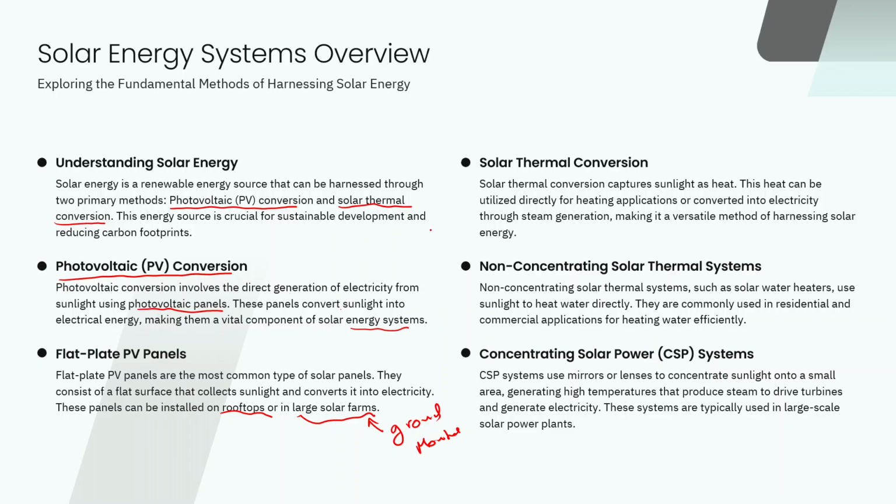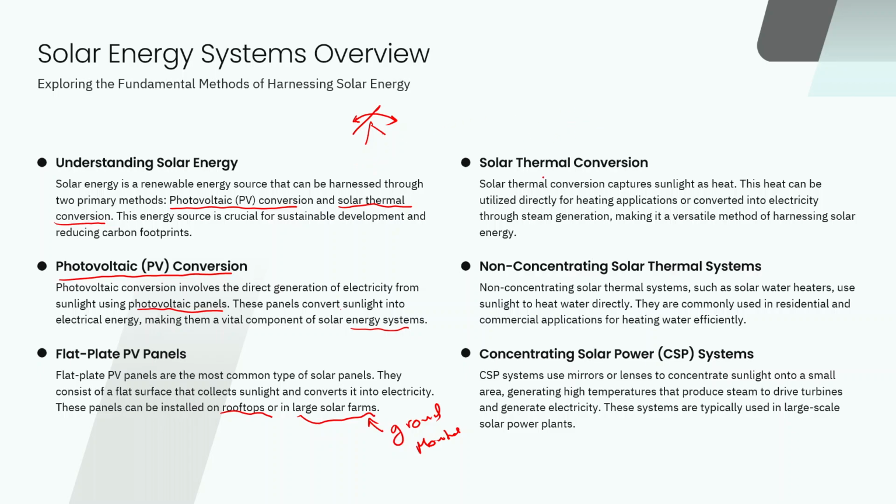You can also do maximum power point tracking, so you can rotate these panels in this way, and also the other way as well. So there are different mechanisms available to follow the sun and get the maximum energy out of the solar panels.